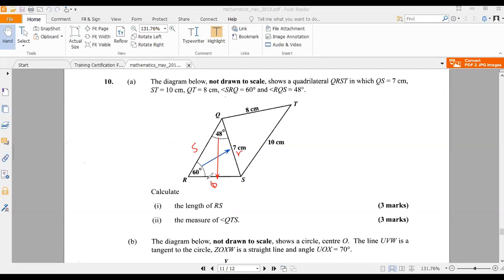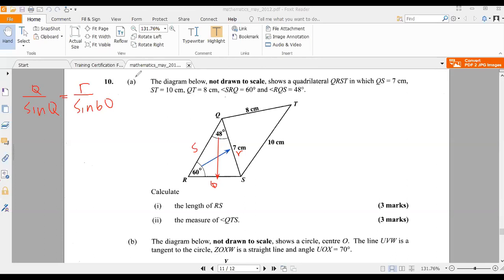Since we are finding RS, we are going to use the common letter Q. So it's small q over sine capital Q, equals to small r over sine 60 degrees.